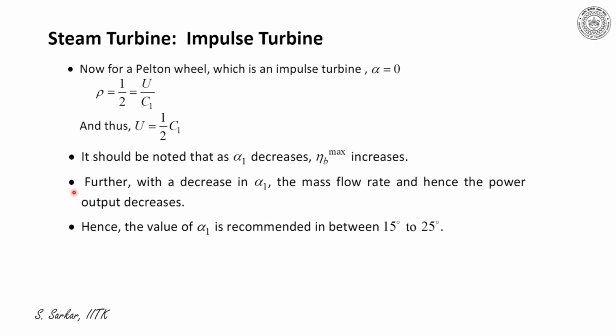Further, with a decrease of alpha 1, the mass flow rate and hence the power output decreases. Hence, the value of alpha 1 is recommended in between 15 to 25 degrees.